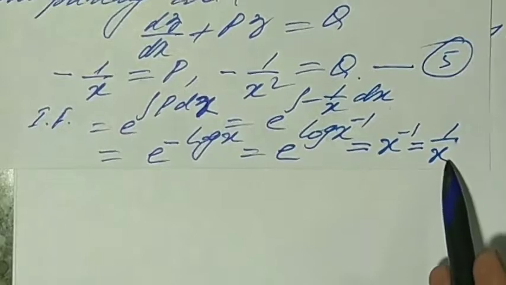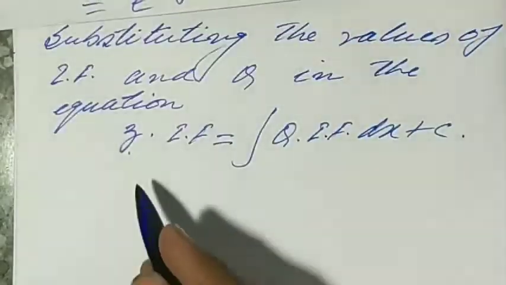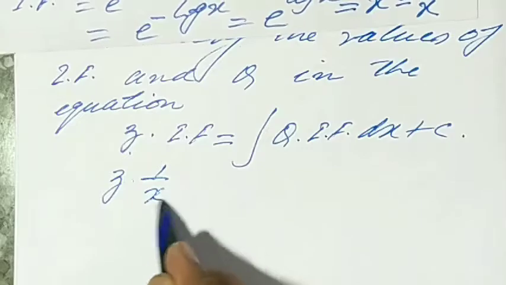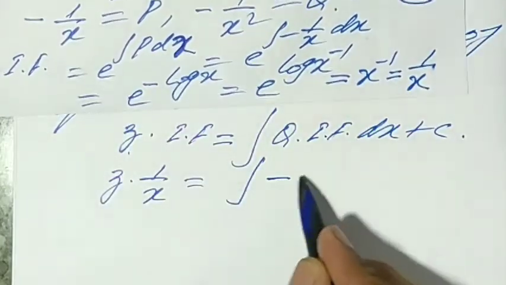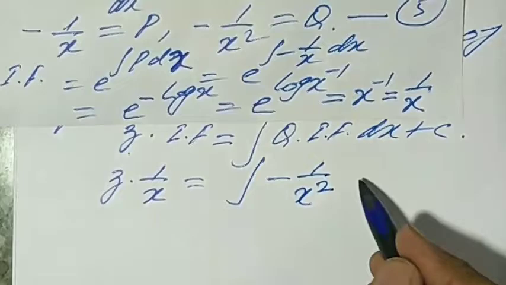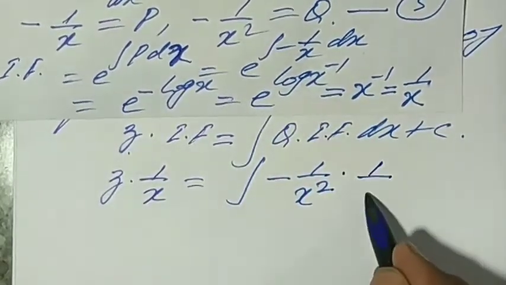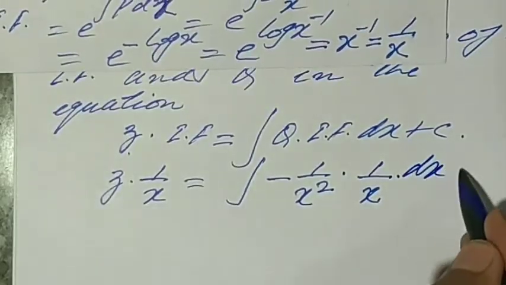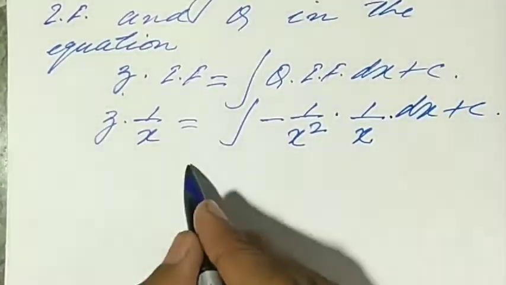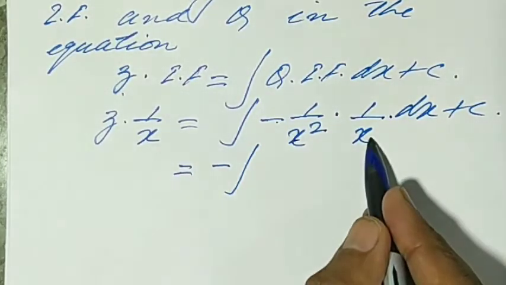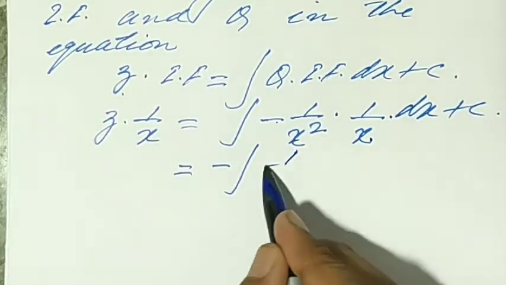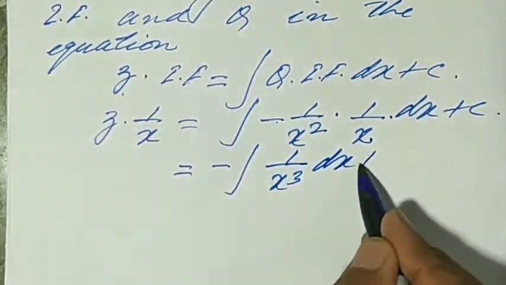So the integrating factor we have calculated as 1/x. So z times 1/x is equal to the integral, and Q is equal to -1/x² from equation number 5, so -1/x² times the integrating factor 1/x dx plus c. So this may be written as minus taken out, and x² times x is x³, so 1/x³ dx plus c.